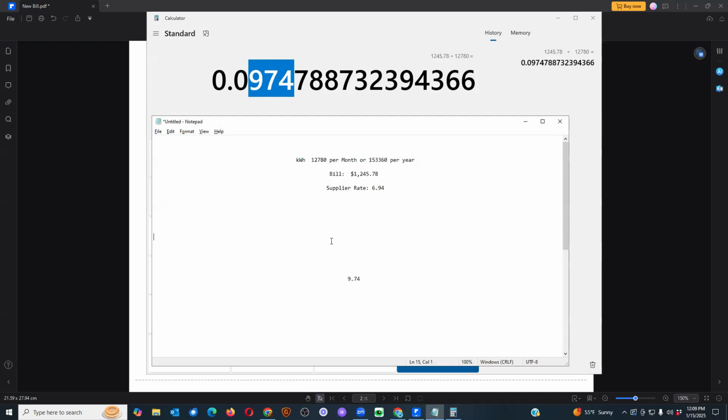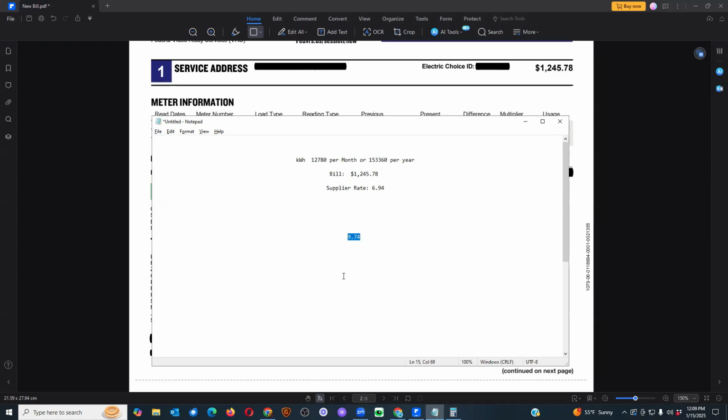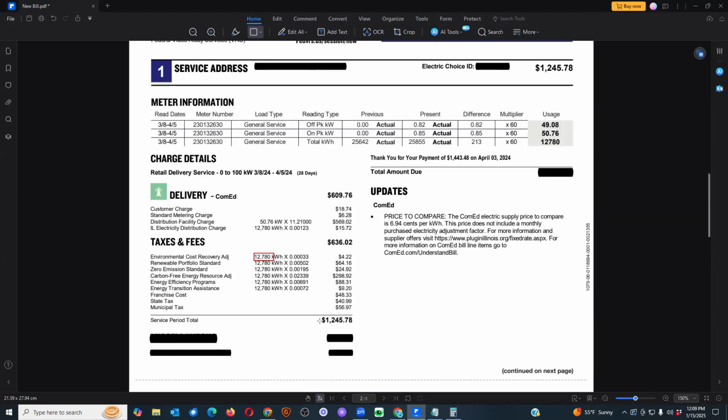That's going to be their actual rate if it were a fixed all in, because that's going to include everything that is on the bill. So 9.74 is going to be inclusive as to what this cost and the total usage.